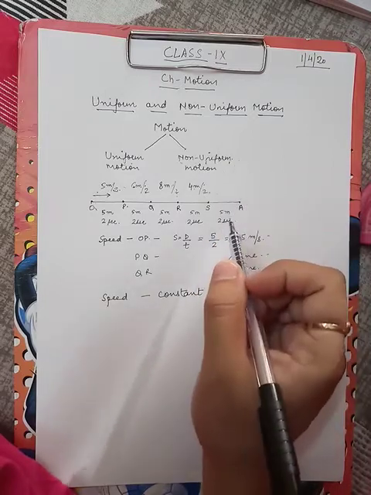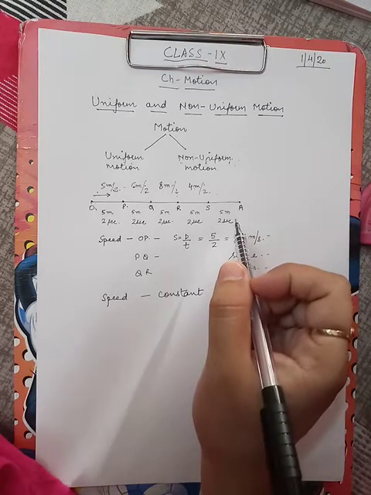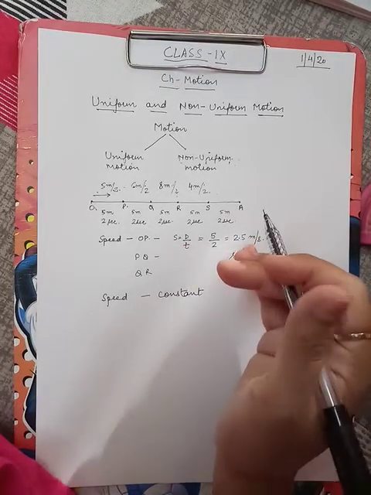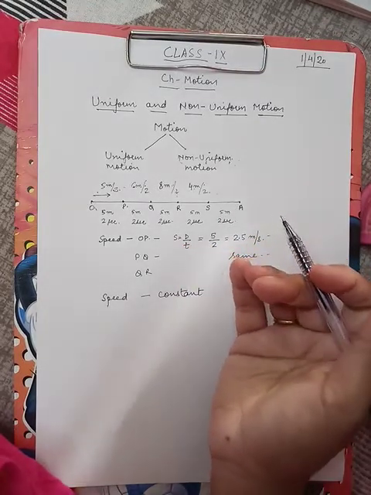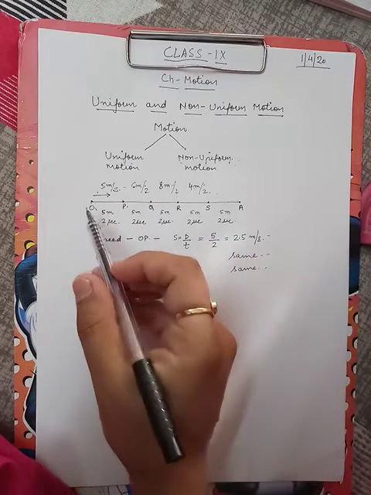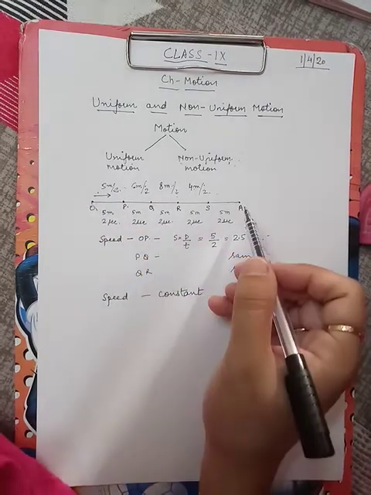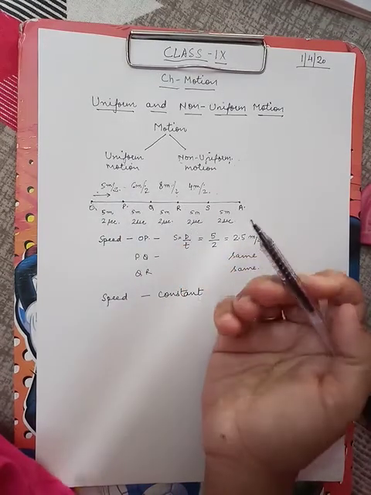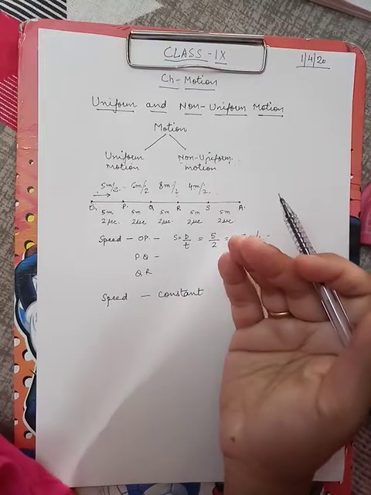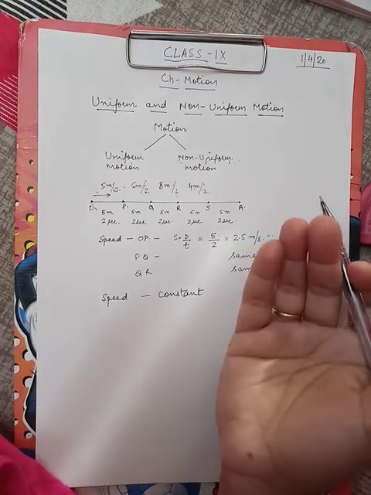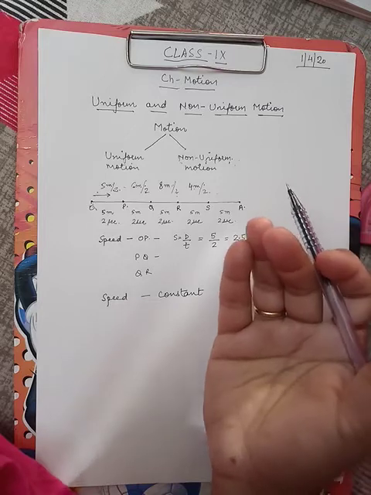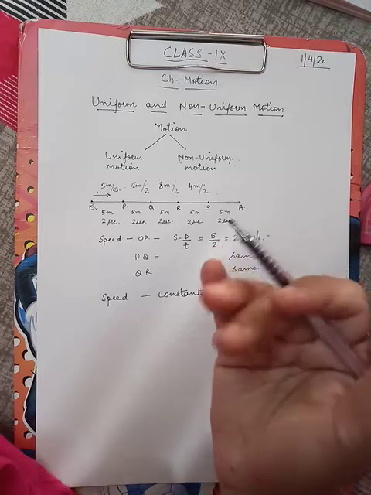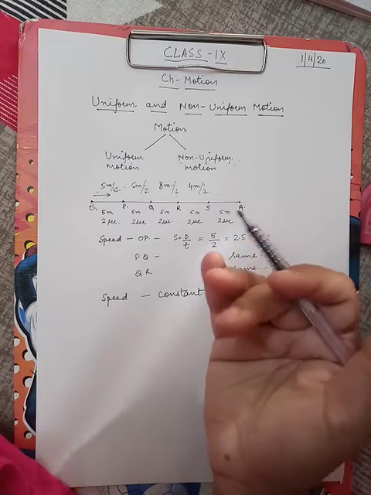But if the car is moving on a highway where it has a similar speed, suppose on the highway the car is moving with 100 km per hour for a particular distance, say O to A, or O to R, in a particular span of time, there may be no traffic, so the car may move with a constant speed, or a uniform speed.